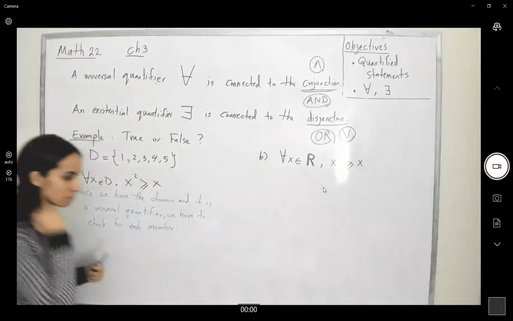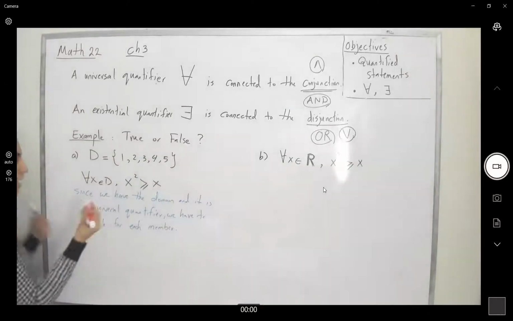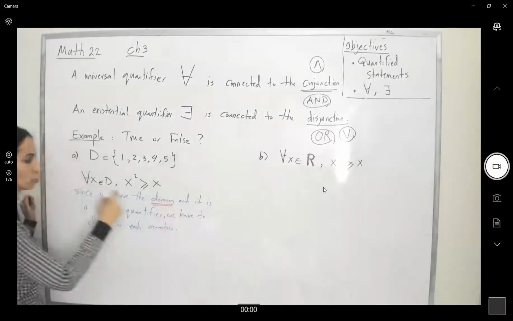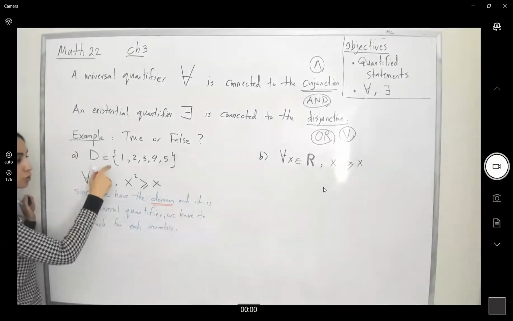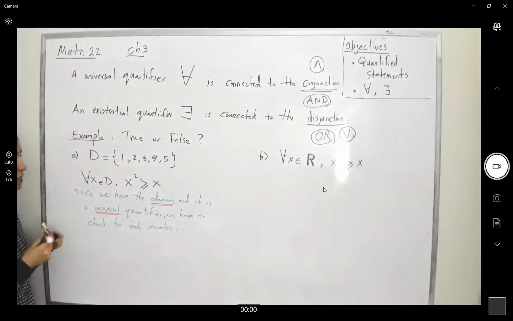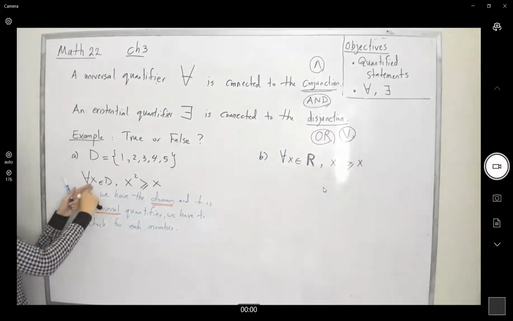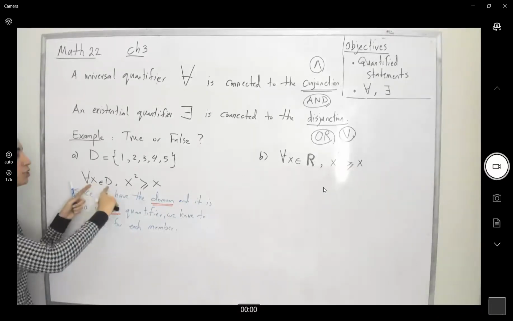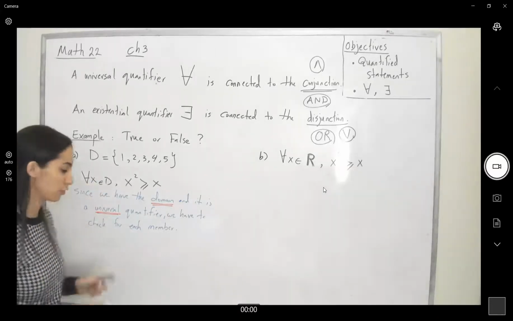Again, here we have the domain. The domain is given to us. This is your domain, and also you have a universal quantifier. It means that it must be satisfied for each of the members in the domain.